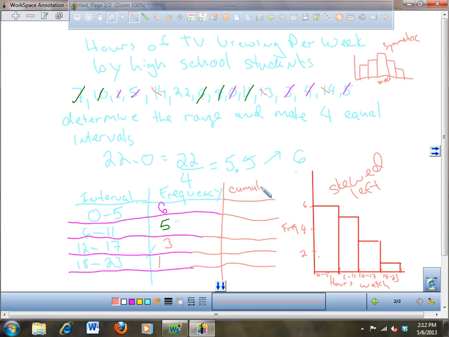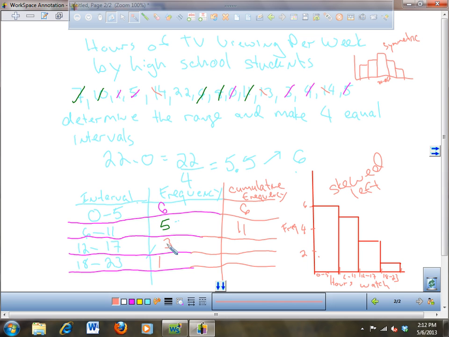Okay? One more thing that you're going to see tonight: over here they'll put another column, the cumulative frequency. And the cumulative frequency is, all I have to do is add them up as I go. So between 0 and 5, this is 6. In other words, I add 6 plus 5, and I get 11 here.